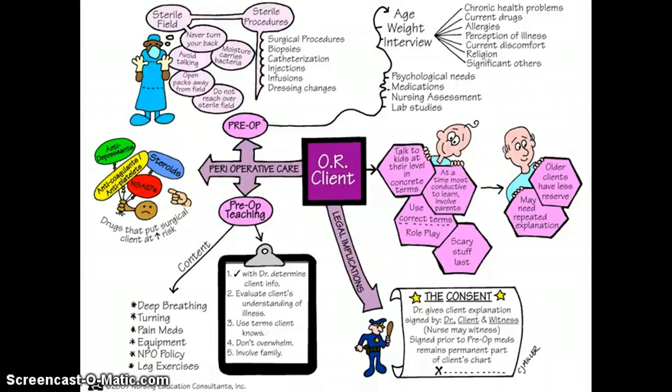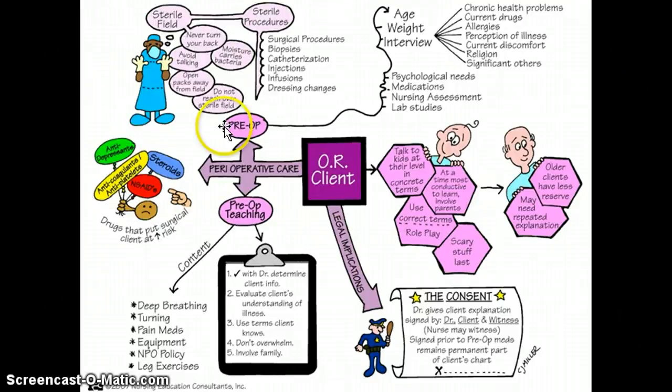If you branch out and go to bigger institutions, there are probably going to be pediatric units, and you may have the potential to work with a pediatric client. So we're going to consider those pediatric and older adult differences. And remember, with your pediatrics, you're not only taking care of a pediatric patient, you're also taking care of their parents. That can be a really stressful time for parents, so we want to incorporate them as a whole.